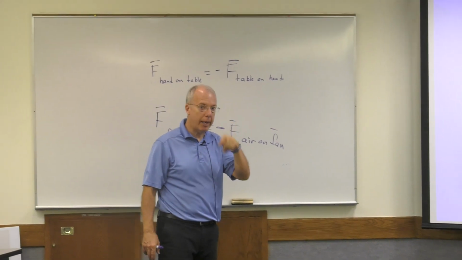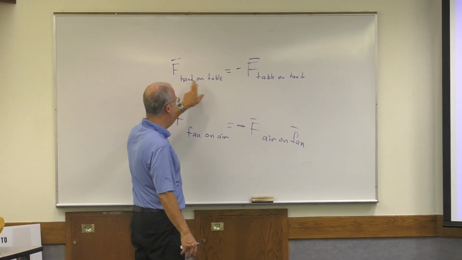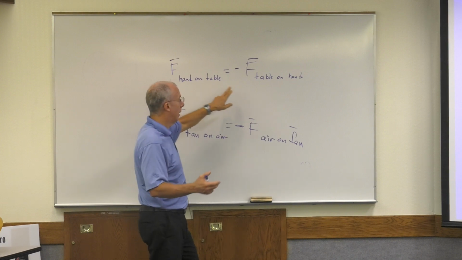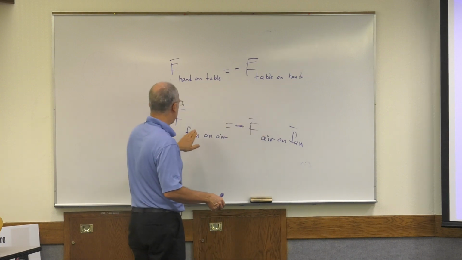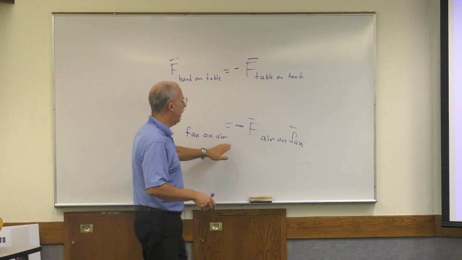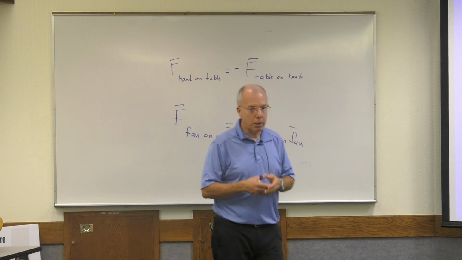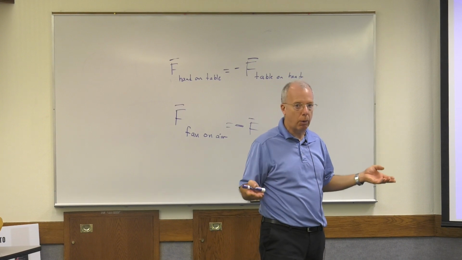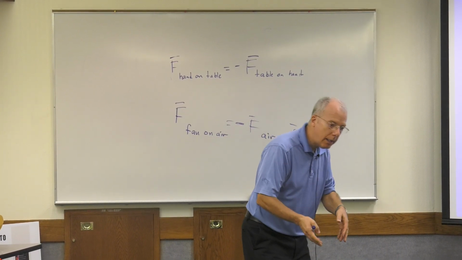There's a force of hand on table, and there's another member of what's called a force pair, table on hand. There's fan on air and air on fan. So forces always come in pairs. You can't have an unpaired force. It's always A on B and B on A.